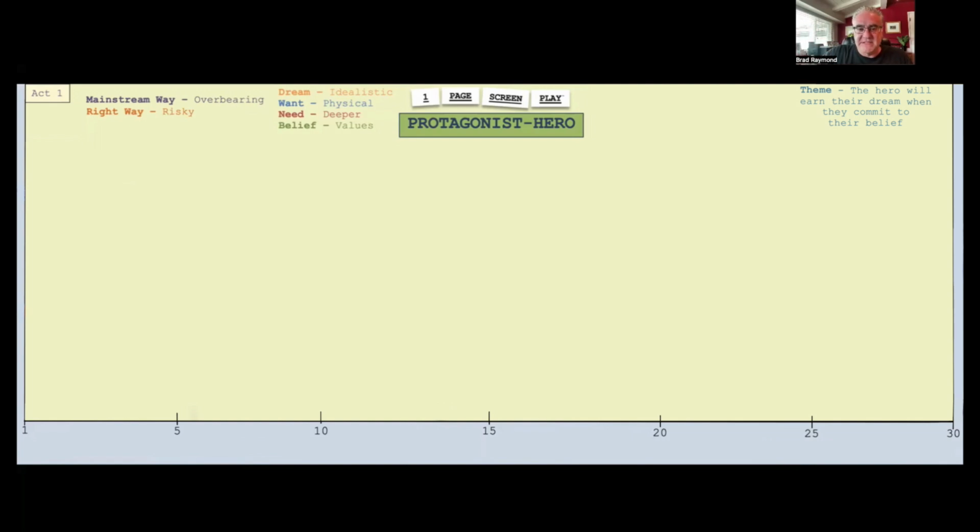So that belief system has to be in line with the right way. It's like when Luke commits to the fact that he has the force in him, or whatever it is, depending on which character. And then we name Act 1 the stable world. It's just stable. They're just getting by.